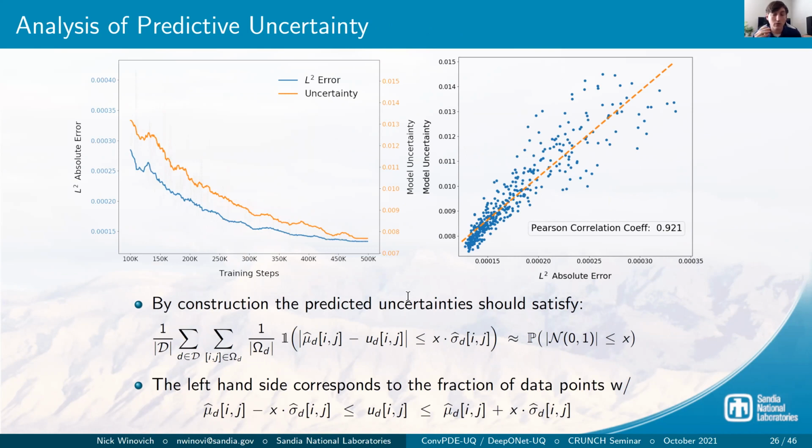The qualitative results on uncertainty that I showed earlier motivate this idea that it seems to be doing something correct, but I really wanted to look more into how this predictive uncertainty behaves.